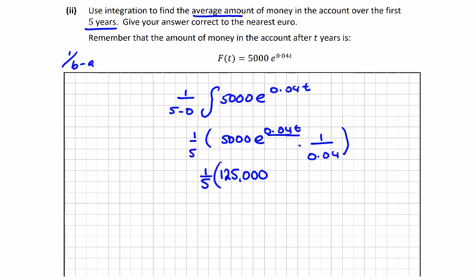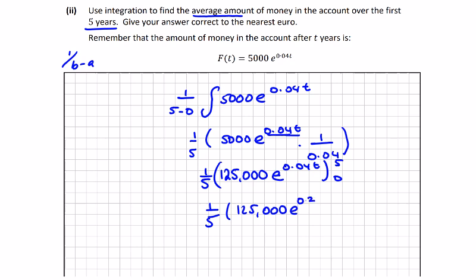So we have a fifth of 125,000 e to the power of 0.04t, between 5 and 0. 1 over 5 times 125,000 e to the power of 5 times 0.04, which is e to the power of 0.2.